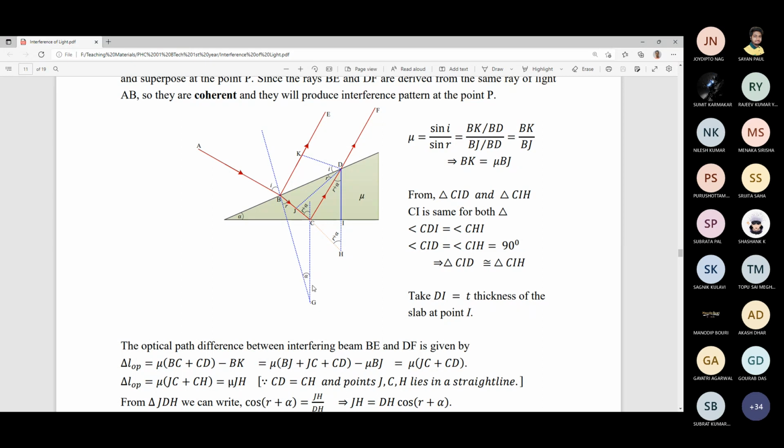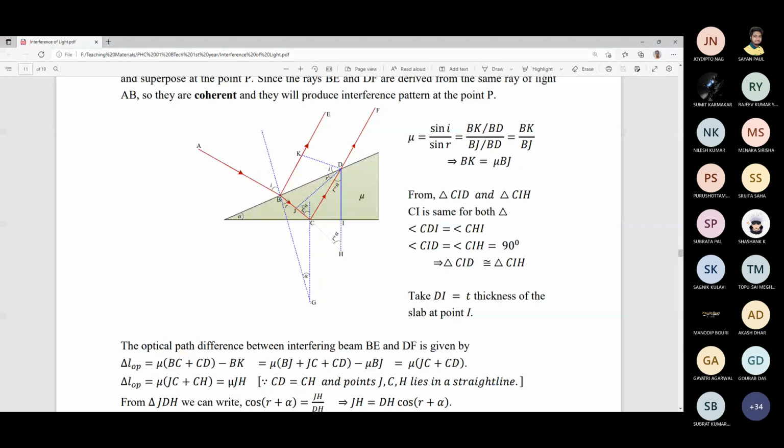You know from your mathematical theory that the angle between two planes is the same as the angle between the normals of the two planes. These dotted blue lines are the normals, and they meet at point G, making an angle alpha. Now this angle is r, this angle is alpha. Considering CBG as a triangle, this angle is the exterior angle, so this angle is r plus alpha. Point is clear?